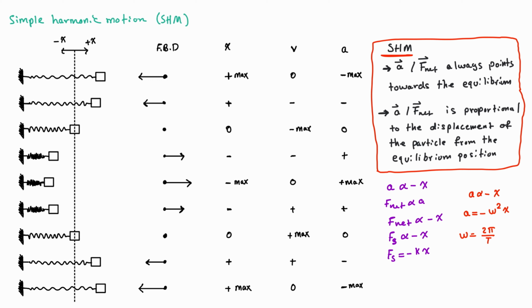And what this means is that if the object is going very slow, meaning it has a large period, this value is going to be very small and the acceleration is small, which kind of makes sense. It doesn't need to accelerate as much if it's going slow. But if the period is small, this value is very small and this is going to be very large, so the acceleration required to keep that oscillation or period is going to be a lot larger.